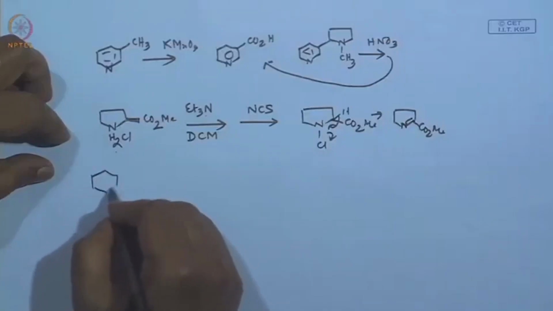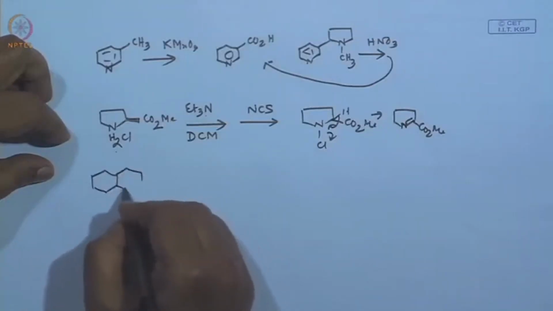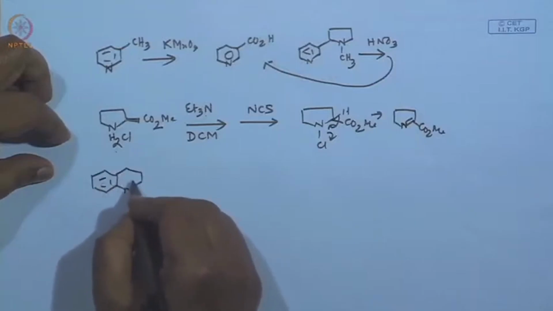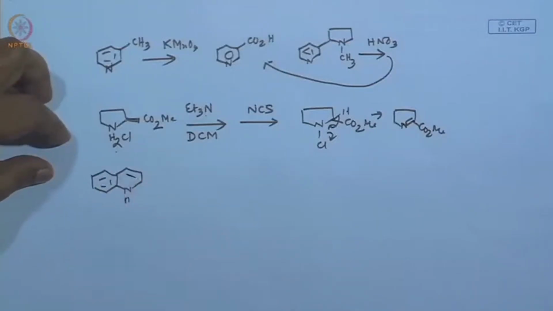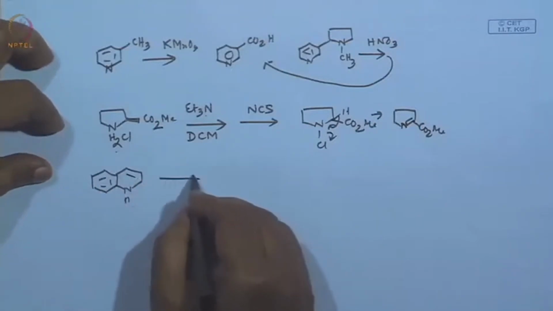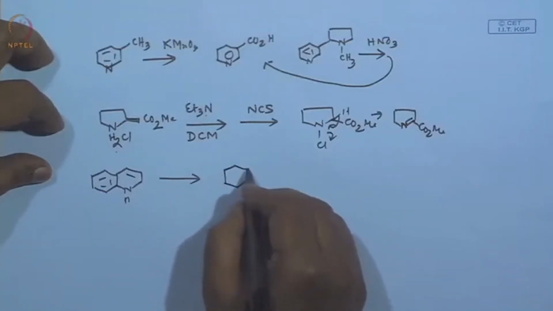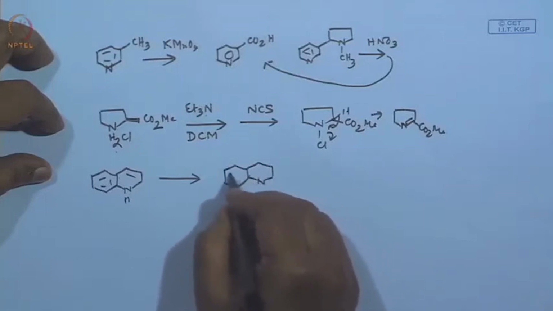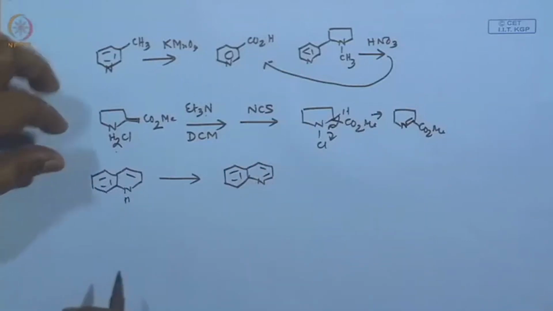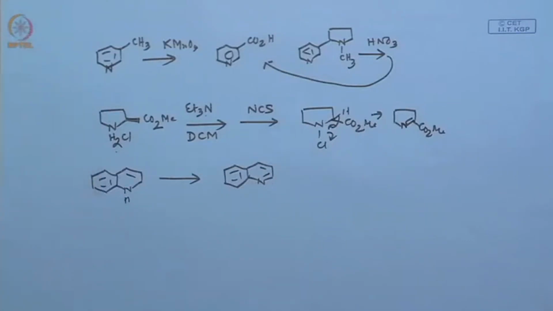For example, if you treat these molecules, dihydroquinoline, and you want to do the dehydrogenation, it is a serious problem though, to the corresponding quinoline. But you all know the answer though, like DDQ would not be a viable answer.